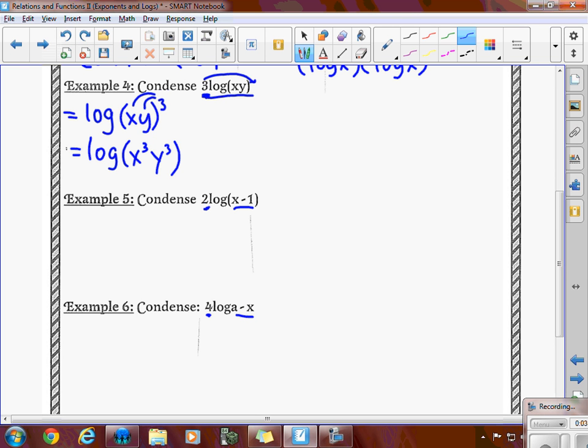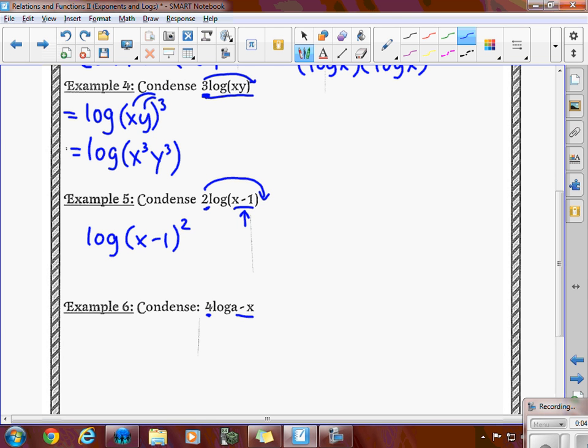Now, we've been telling you for years that brackets are important in math, and here's a prime example. The x minus 1 here is considered the stuff of this log. So to condense this, I can put that 2 on the top. I can use the power law to say the x minus 1 is being squared.